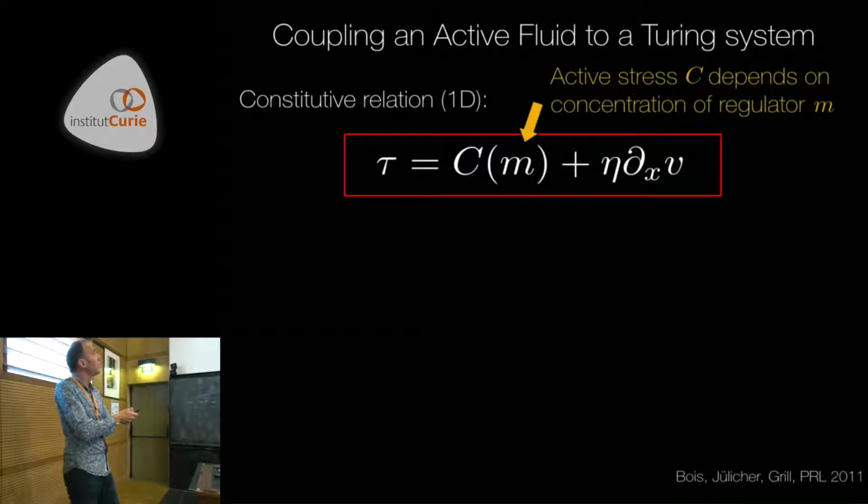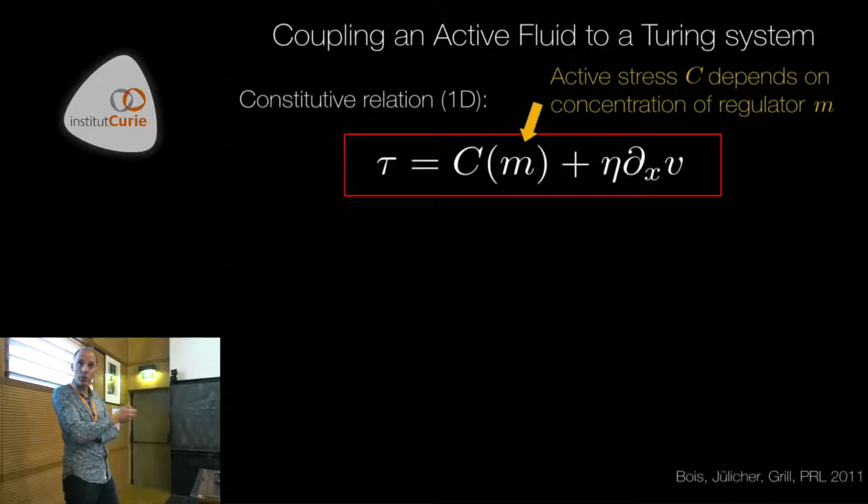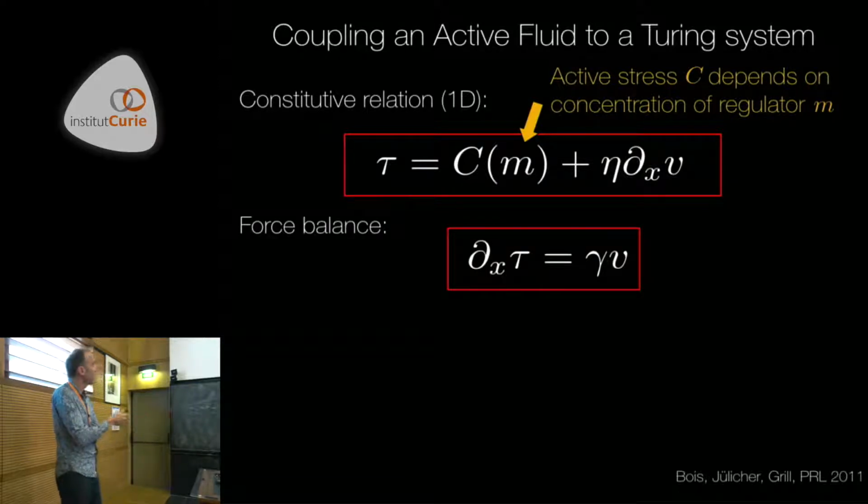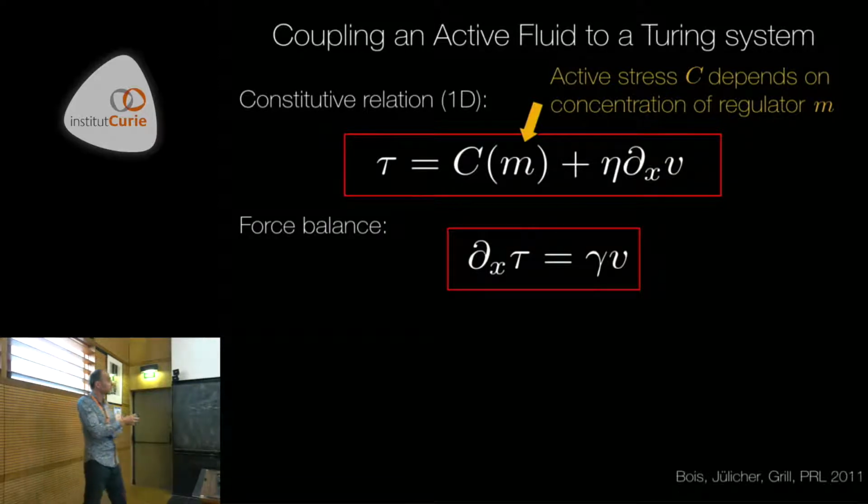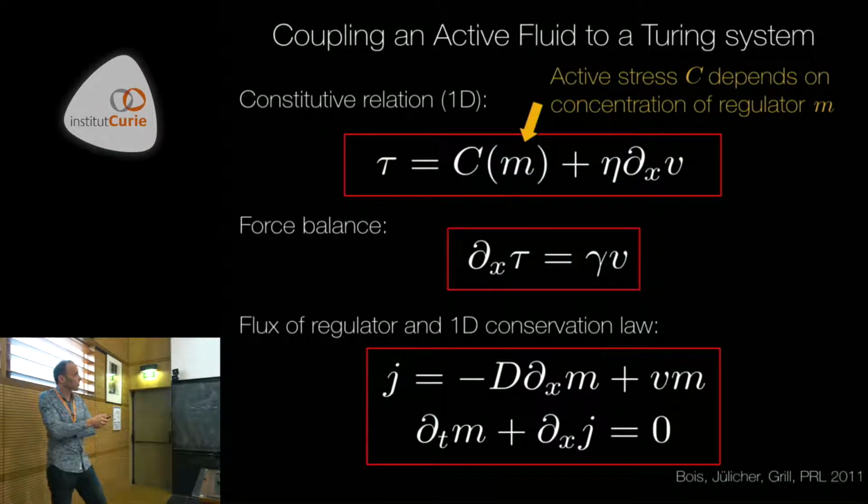The important thing here is that we make the active stress C depend on the concentration of a regulator, as I just said. This, together with force balance, which is set by friction, as I just alluded to, completes the mechanical side of things. Now to complete the entire patterning system, we introduce fluxes of the regulator and a one-dimensional conservation law.